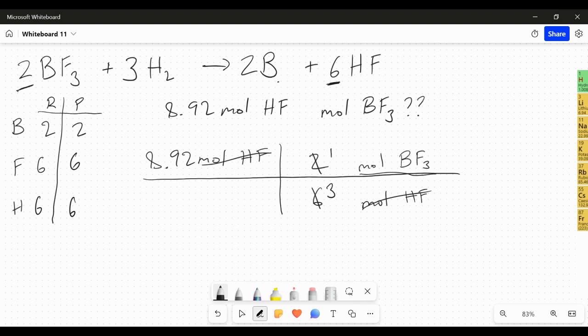But this makes the problem a little bit easier because now when I smush it together, 8.92 times 1, that's just 8.92. And on the bottom, we just have a 3. So, again, let's get out our calculator. Our answer is 2.97 moles BF3.